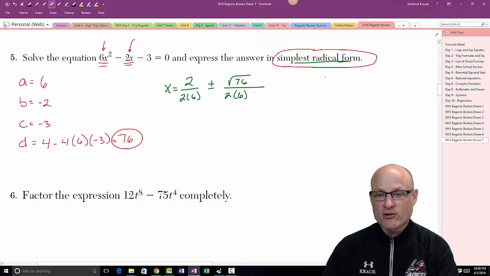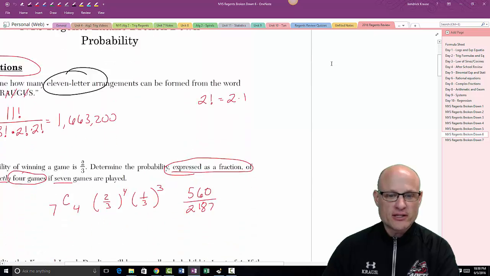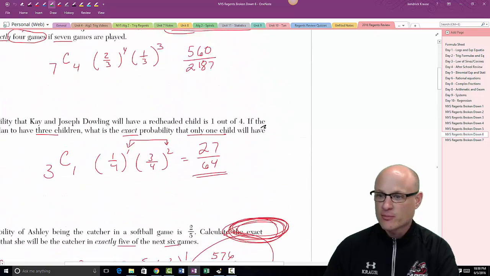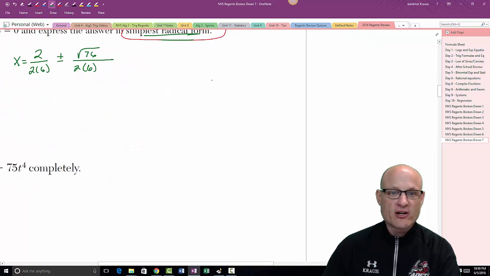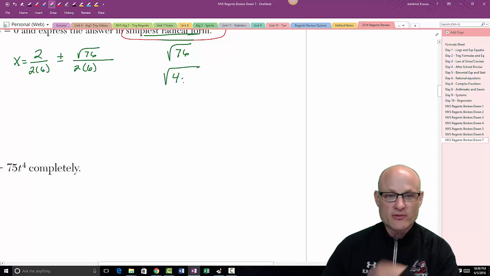Well, it says simplest radical form, so coming off to the side over here, I'm going to take off the square root of 76. Now, I know 4 goes into it just because I do. 4 times, cut in half, 38, cut in half, 19. And 19 is prime. So when I simplify it, it is 2 square roots of 19.